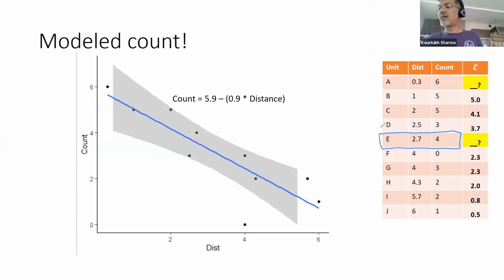If I had not surveyed cell E, and I know the location of cell E, which is 2.7, maybe somewhere here, I can predict how much the count should be. It gives me a count of, in this case, I think 3 point something. This is the real number, and it gives us a value which is as close as possible. In other words, if we have a regression equation and you know one of the variables, you can predict the other variable. It's a fairly straightforward thing.